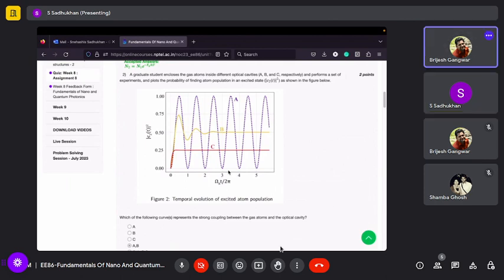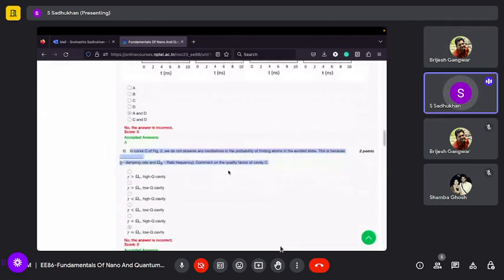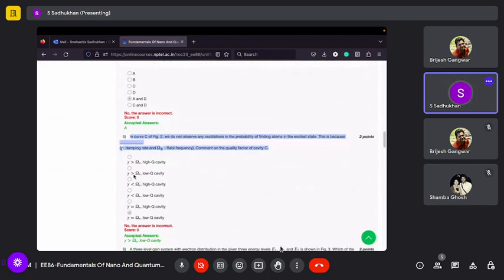So why is only gamma greater than omega true? Because this option is also valid as per our understanding from the classes and your lectures also. Gamma is damping rate, and if damping rate is equal to the exchange rate of energy, so oscillation in probability of finding atoms in the excited state.